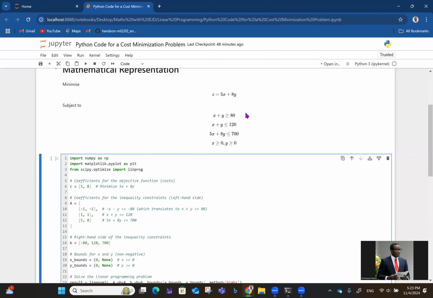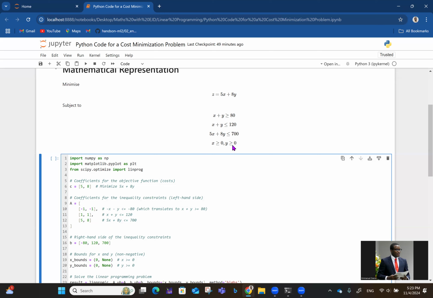If you negate an inequality, it changes to the other side. So if you multiply through by minus 1, you have minus X minus Y less than or equal to minus 80. So you have minus 1 there instead of the original 1 you should have had, because it's a greater than inequality and you want to reverse it.